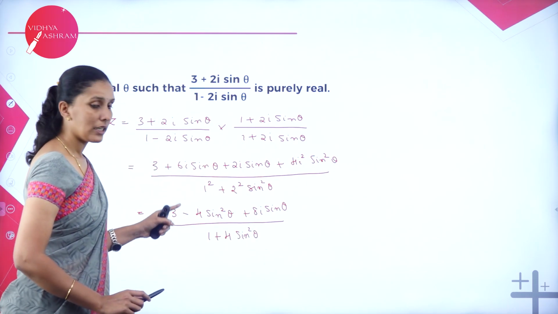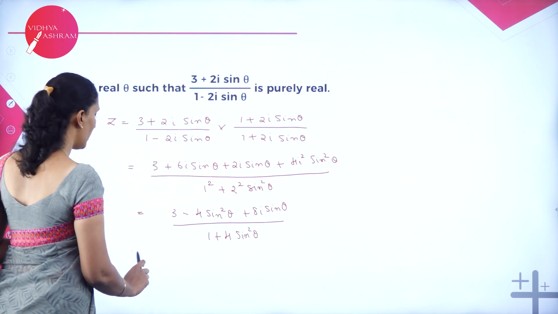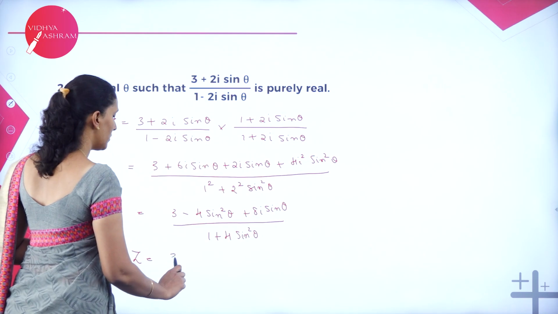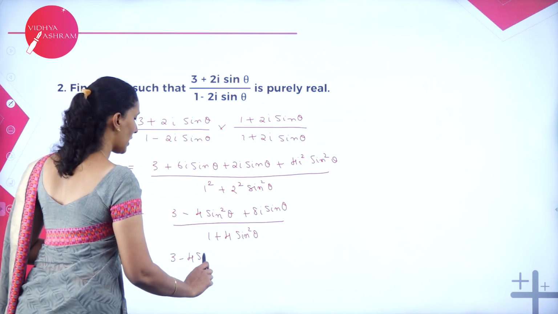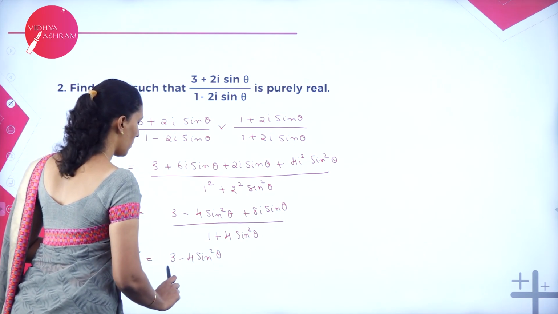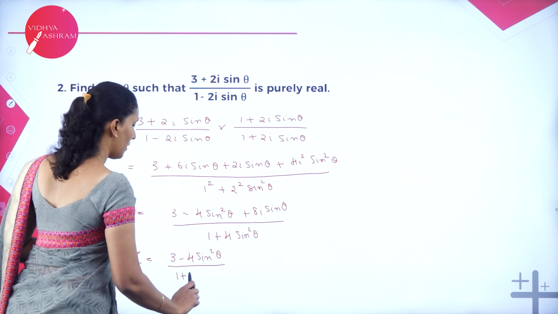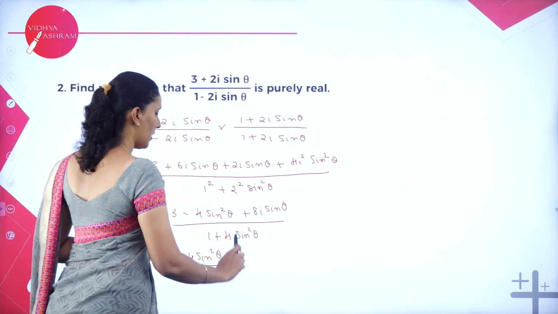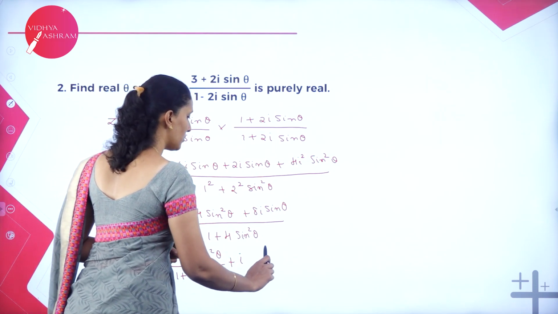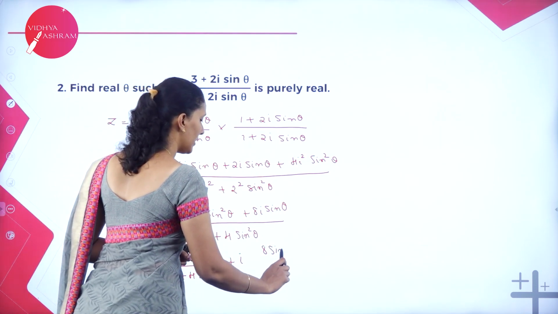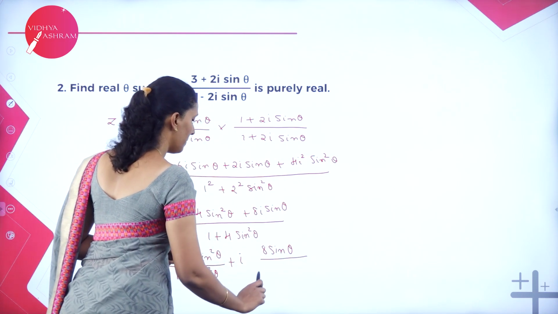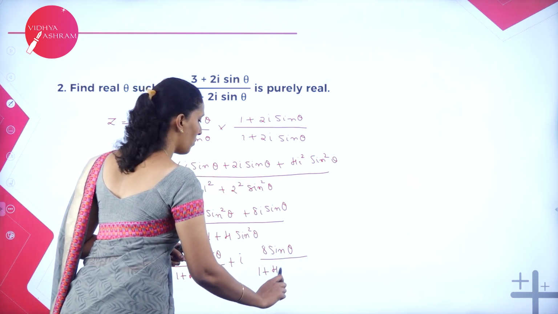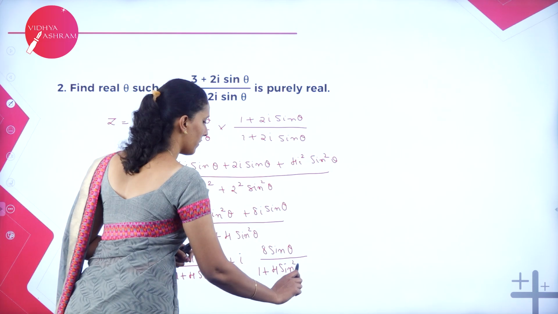Now by separating the real and imaginary part, we'll get z is equal to (3 minus 4 sin square theta) whole divided by (1 plus 4 sin square theta) plus i into 8 sin theta divided by 1 plus 4 sin square theta.